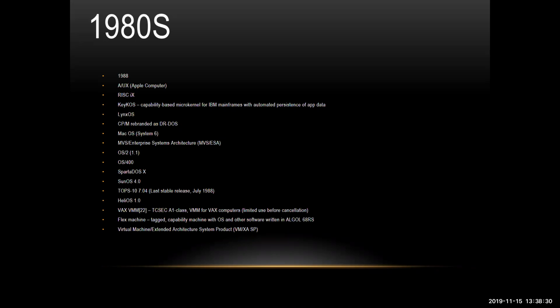7.04 was released. And then Helios 1.0 was released. Helios is a discontinued Unix-like operating system for parallel computers. It was developed and published by Perihelion Software. Its primary architecture was the transputer. And then we also had the VAX VMM.